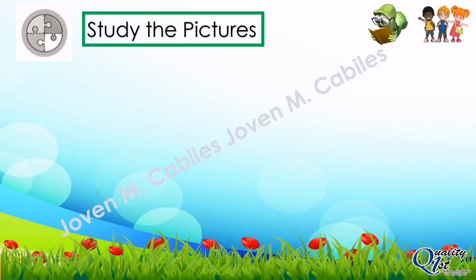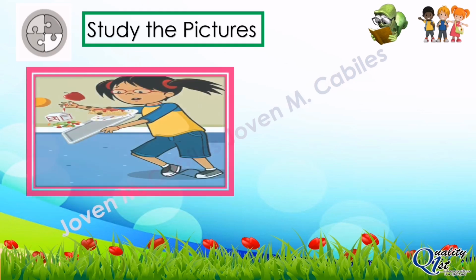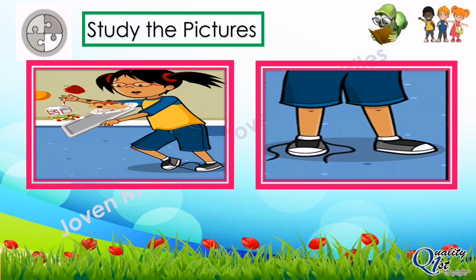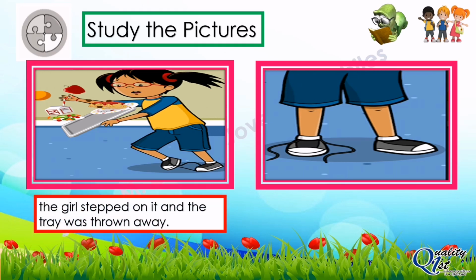Now let's study the pictures. I am going to show you two pictures, the first one and the second one. And you tell me what did you observe, okay? Now, for the first picture, we can say the girl stepped on her shoelaces and the tray was thrown away.